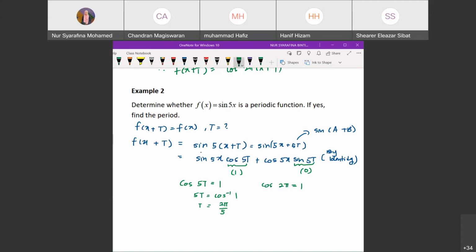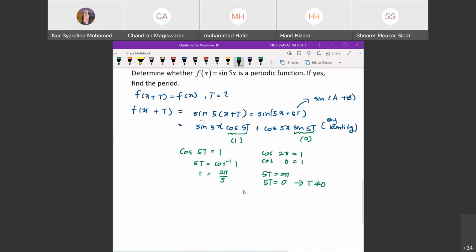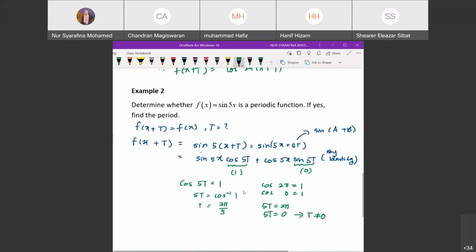Cos 0 also equals 1, right? But here we choose 5T equals 2 pi. We cannot choose 5T equals 0 because T cannot be 0. Remember, the period cannot be 0 here. Then we choose cos 2 pi.